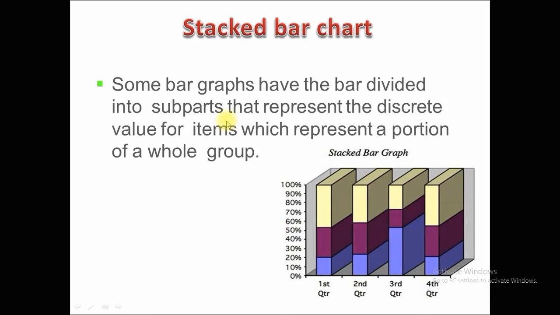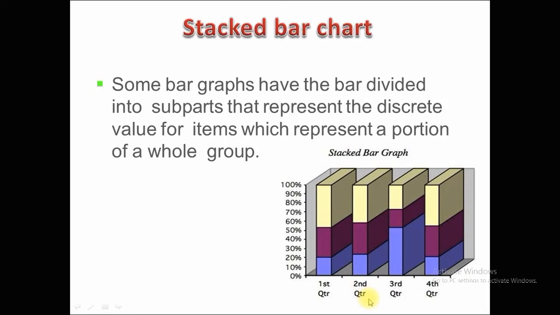Now, what is this stacked bar chart? Some bar graphs have the bar divided into subparts that represent the discrete value for items which represent a portion of the whole group. This is the first category and this is the subpart for this category.